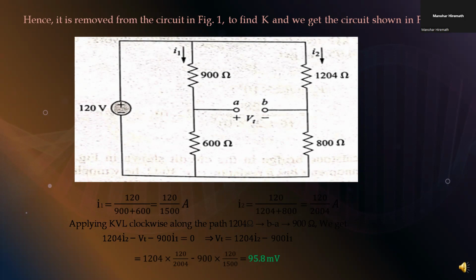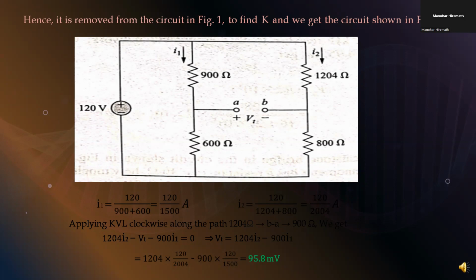I2 equals 120 by 1204 plus 800. As we come to the second loop, I2, the resistors are in series, so 1204 plus 800 is added and 120 volts is divided by it. We get 120 by 2004 ampere.